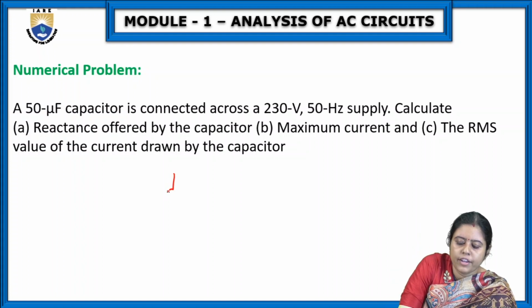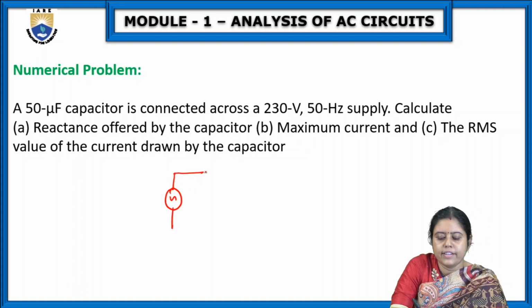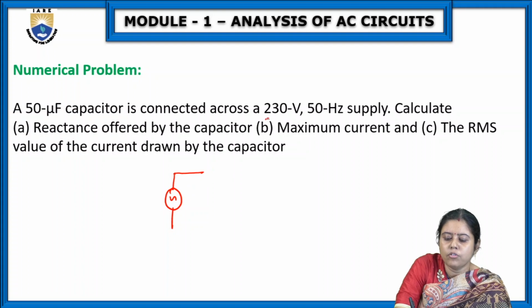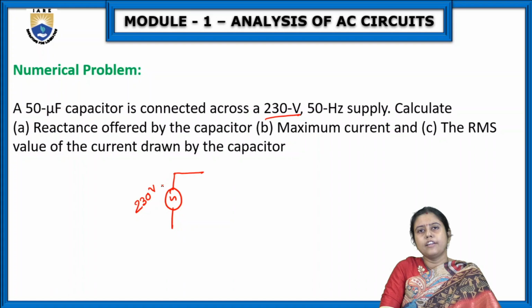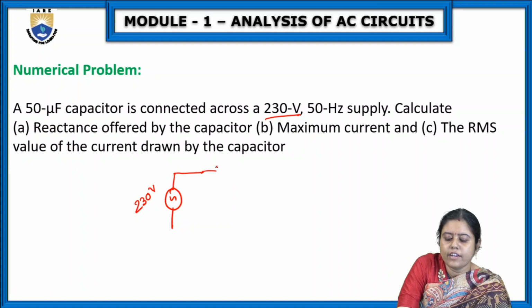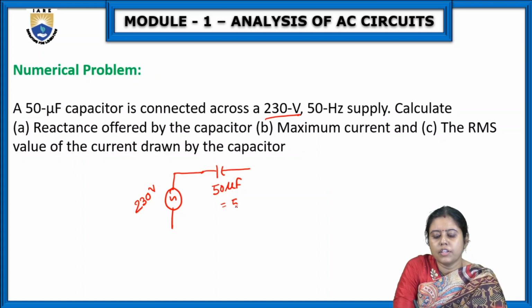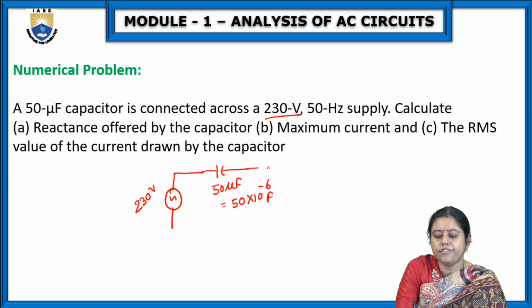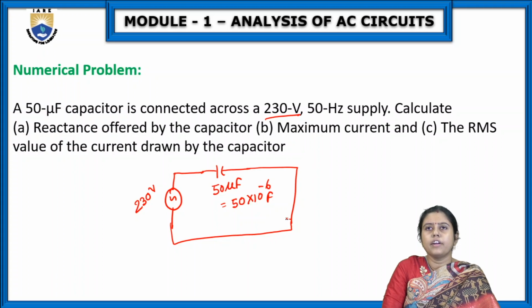We are using one AC supply of 230 volt, which is an RMS value, connected with a capacitor of 50 microfarad. So the value is 50 into 10 to the power minus 6 farad, and it is a pure capacitor.